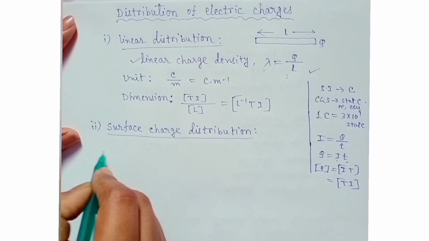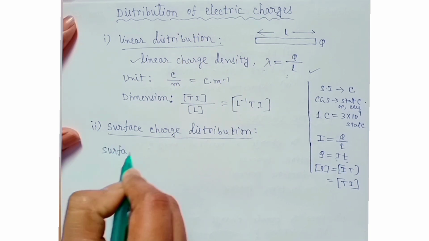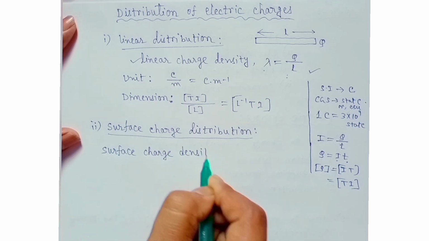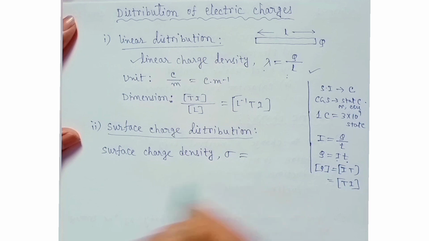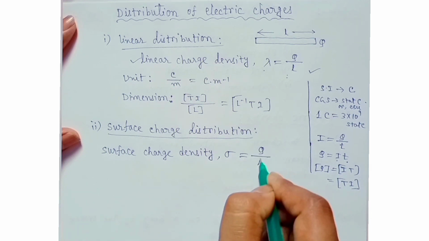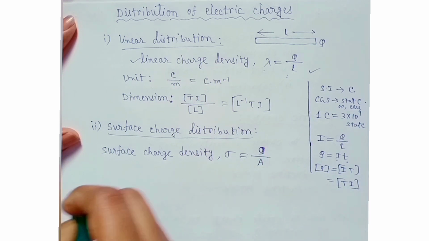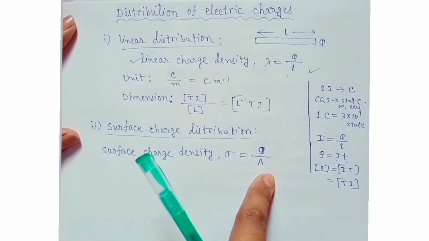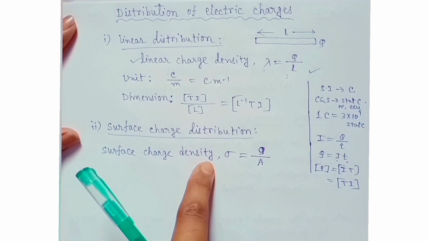So we are going to define the surface charge density, which is symbolized as sigma, and this is nothing but total charge divided by area, surface area actually. So the amount of charge distributed per unit surface area of a conductor is called the surface charge density.